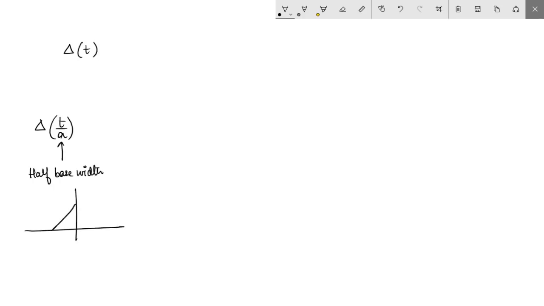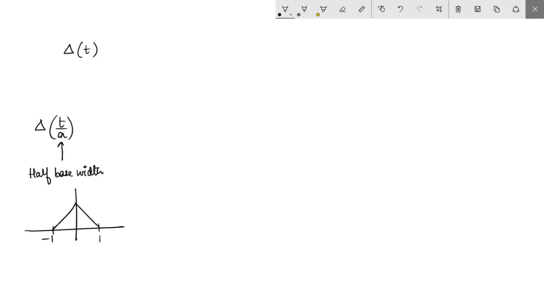Triangular functions can also be represented with this function delta t, and if I use the alternative definition where I say delta t by a, in the previous definition a used to mean half of the base width. That means if I was defining a equal to 1, what I meant was half of this base width was 1.